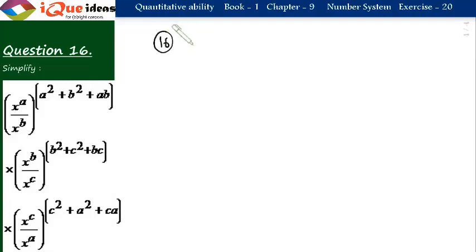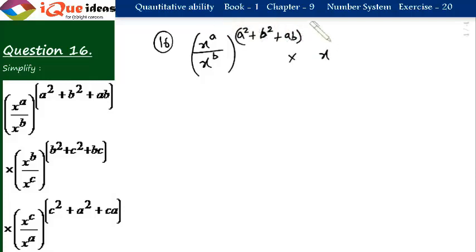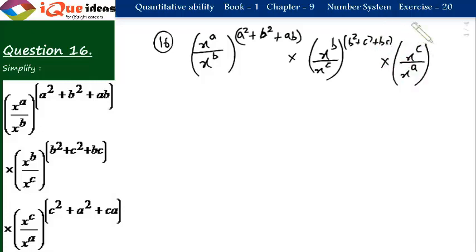It says x raised to the power a divided by x raised to the power b whole to the power a square plus b square plus ab, into x raised to the power b upon x raised to the power c whole to the power b square plus c square plus bc, into x raised to the power c upon x raised to the power a whole to the power c square plus a square plus ab.